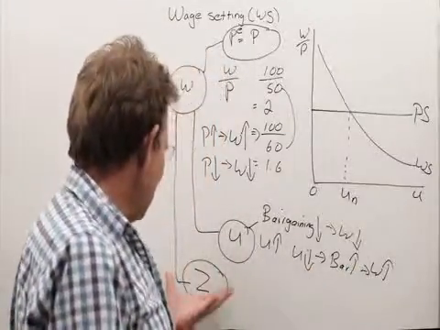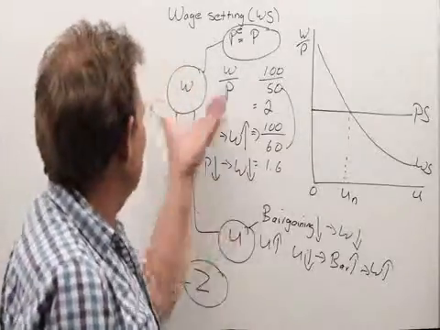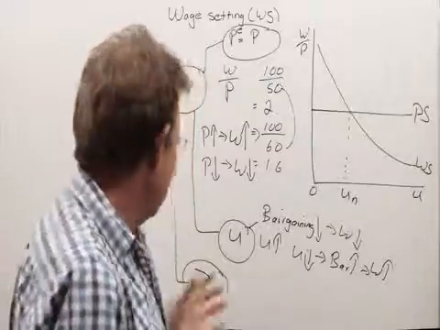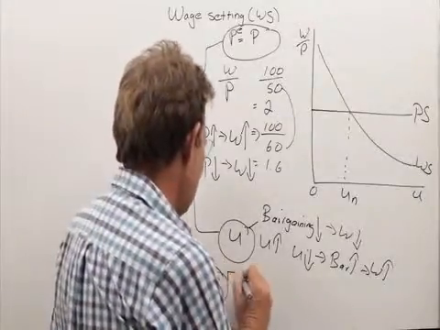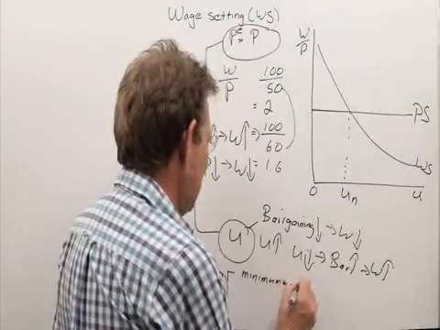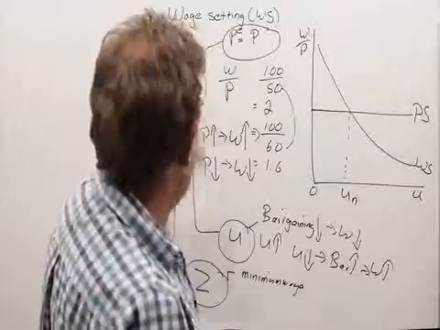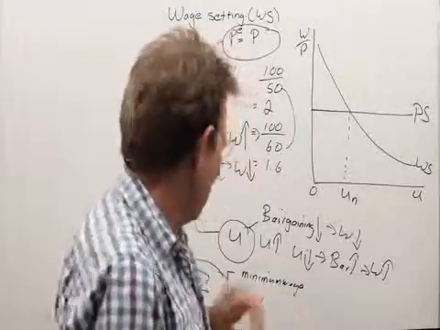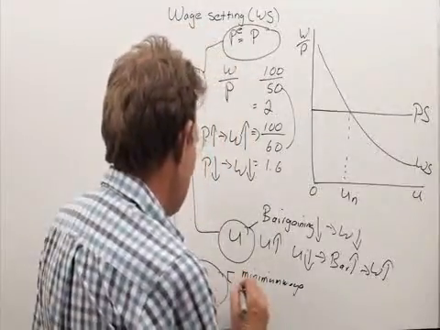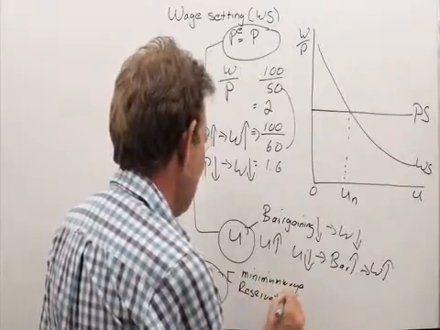This factor here is the institutional factors. This is where we measure all the other things that can influence the nominal wage. That can be things like the minimum wage. And we can expect that the higher the minimum wage, the higher will be the nominal wages in the economy. It can also be because of the reservation wage that people have.